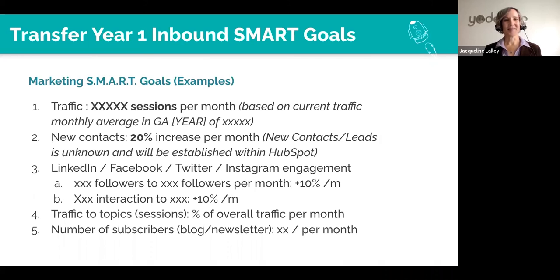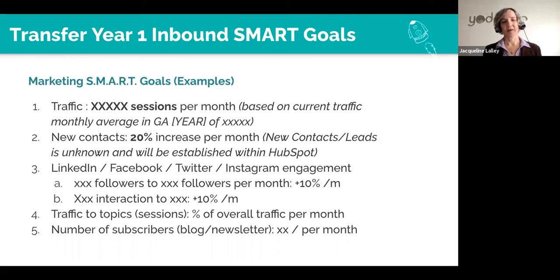What we're looking at here are some specific examples of SMART goals that you could create for your marketing. So traffic, X sessions per month, new contacts, 20% increase per month, LinkedIn, Facebook, Twitter, Instagram engagement. You can set a goal for followers, growing from the current number to the number that you need based on a percentage that you've calculated. You can also do traffic to topics.